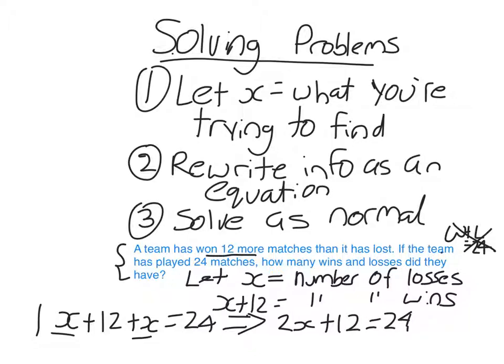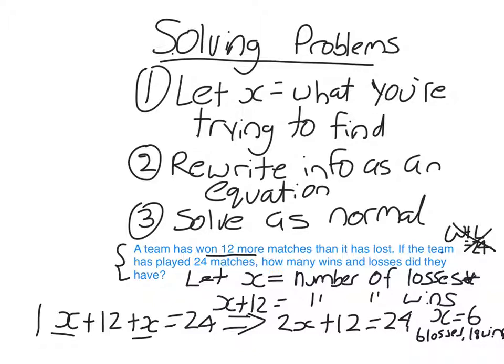That's my equation. So if I go through and solve that, I subtract 12 from both sides and divide by 2, I get X equals 6. So X was the number of losses. So that means there have been 6 losses and the number of wins is 12 more, so 18 wins. So that is how I answer the question. 24 matches, won 18, lost 6.